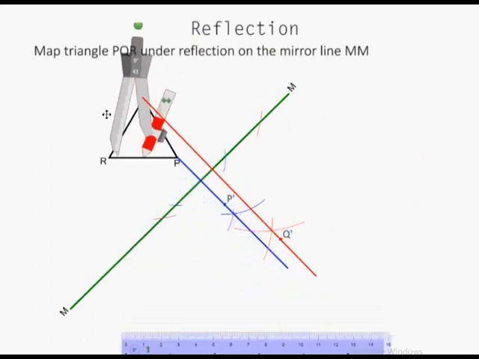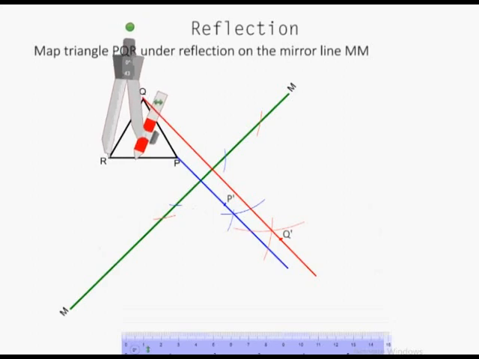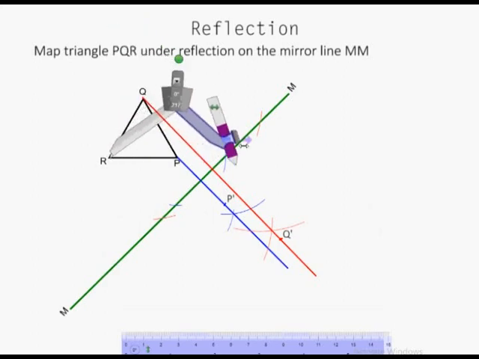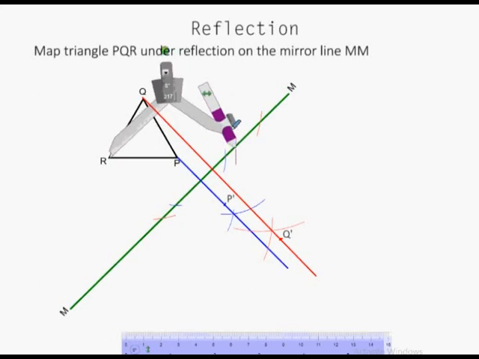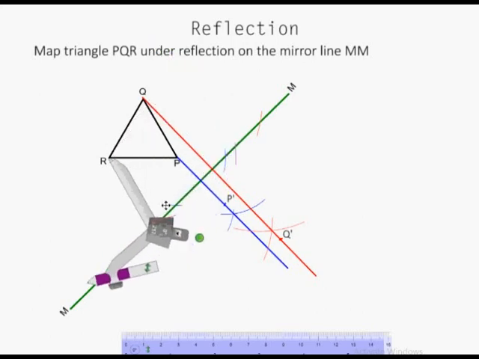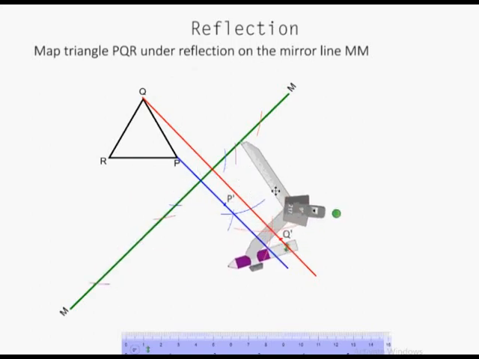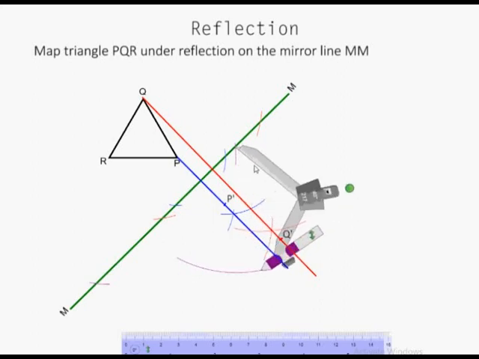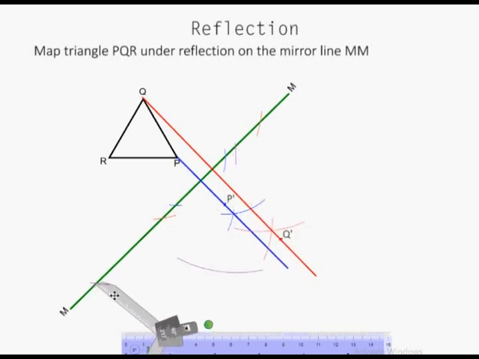Lastly, we have R. Mark an arc. Then come here and mark another arc. Come down here and make an arc.